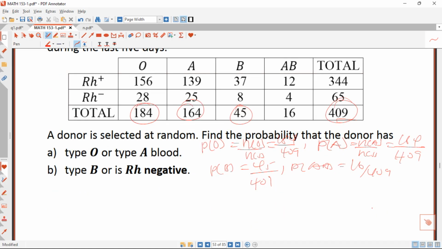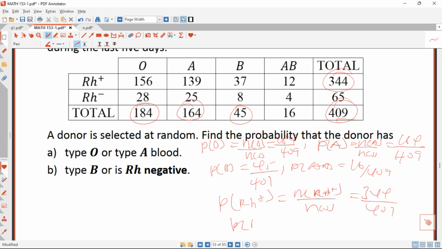So right now we have probability for blood group O, probability for blood groups A, B, and AB. What about probability for RH plus? Probability for RH plus is the number of RH plus divided by the sample space, of which our number of RH plus is 344 divided by 409.